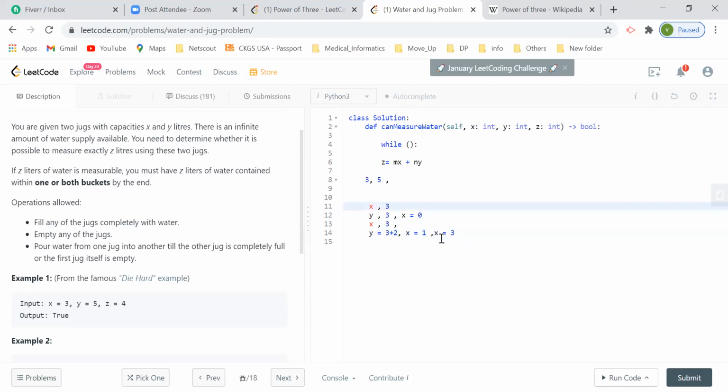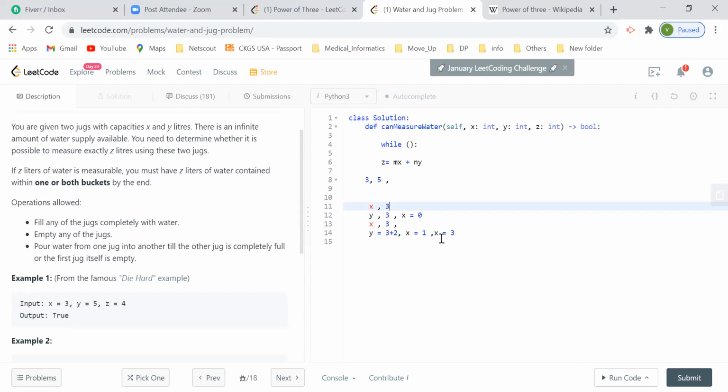You start with x, pour water into x, and transfer it into y. The second time you pour water into x and pour it into y, it can only hold 2, so x is left with 1. So then you are able to measure 1 liter in that x.